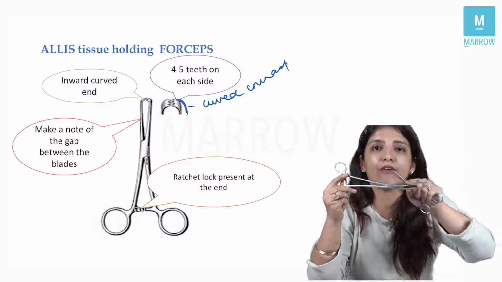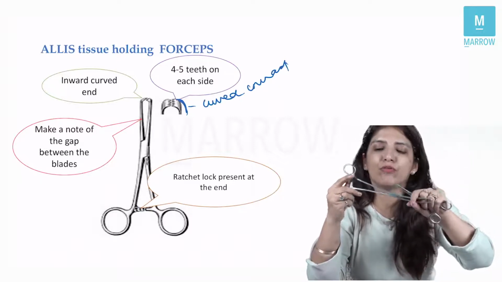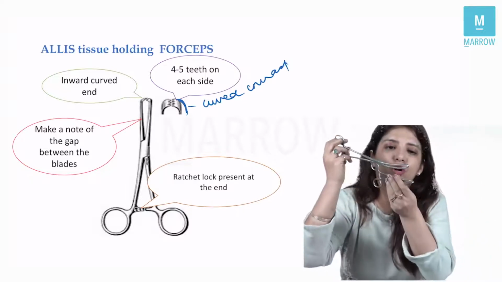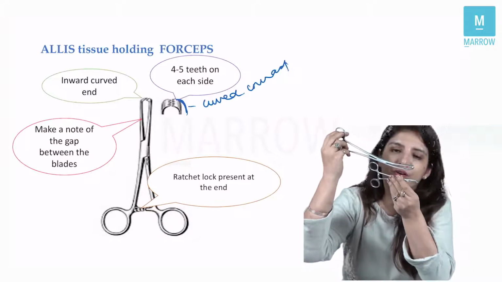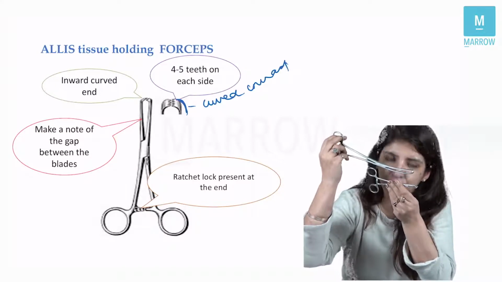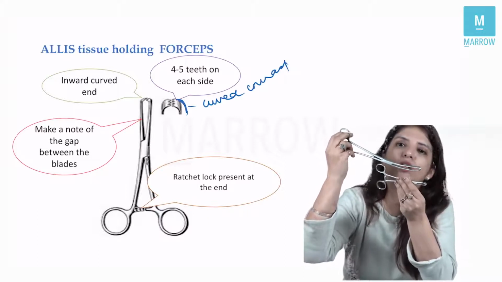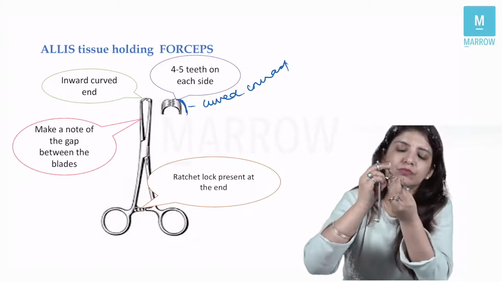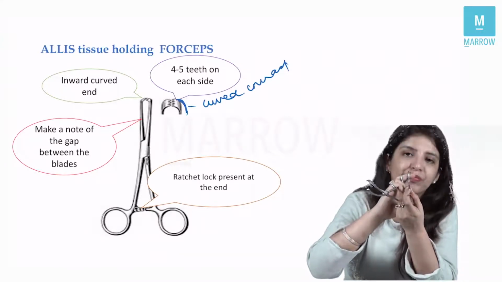There will be a concavity. And as I told you, whenever you have to hold the lip of the cervix, you have to have the concavity facing upwards. Alice forceps, although the gap is there, has no curve, no concavity. Clear? So this is how you come to know whether it is Alice forceps or a valsellum, although both of them have multiple teeth.